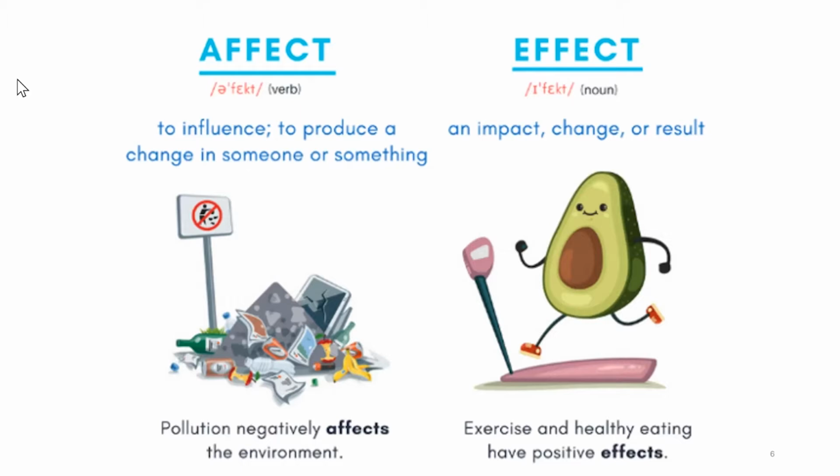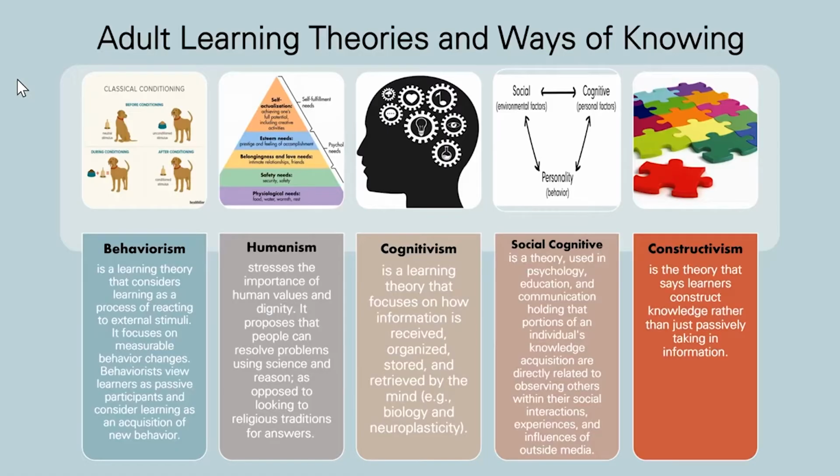So essentially saying that the earth got sad because of the pollution. In the case of effective, with my lovely avocado, it is an impact or change or result that you plan to occur. So exercise and healthy eating have positive effects on health.